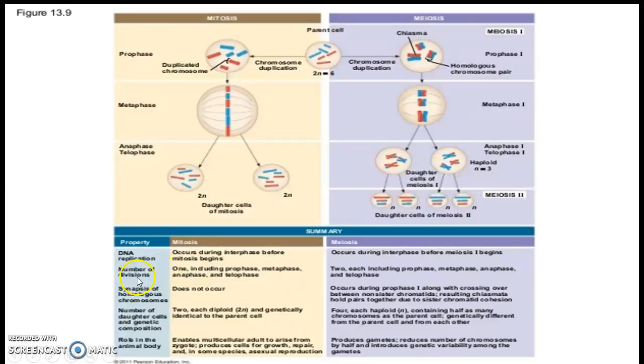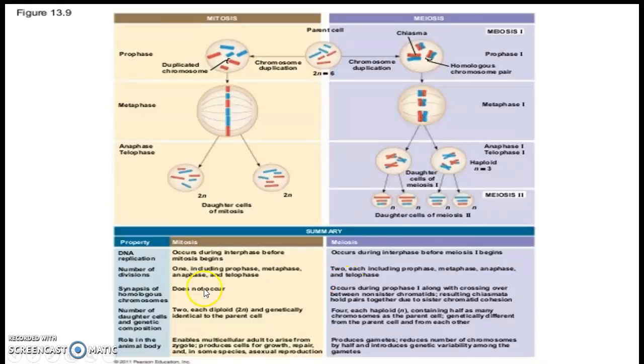In terms of number of divisions, mitosis has one, including prophase, metaphase, anaphase and telophase. Meiosis has two, each including prophase, metaphase, anaphase and telophase.